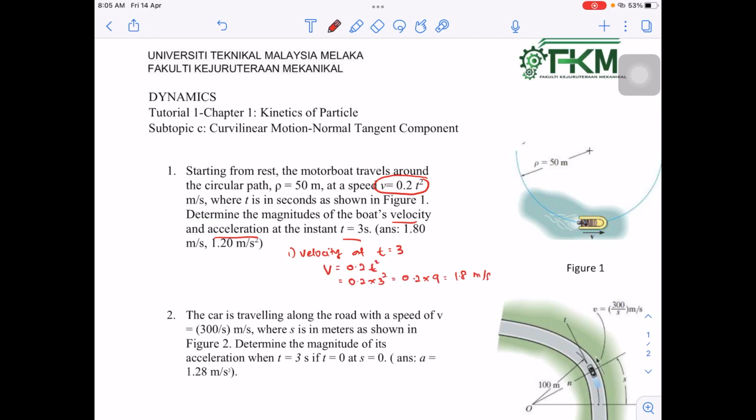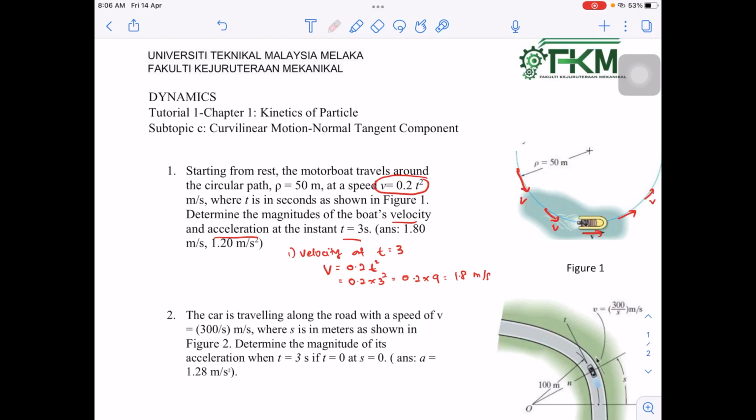So this is a curvilinear motion. Velocity only has one component, as I said in class: you have v in the tangent direction only. It's different from acceleration.